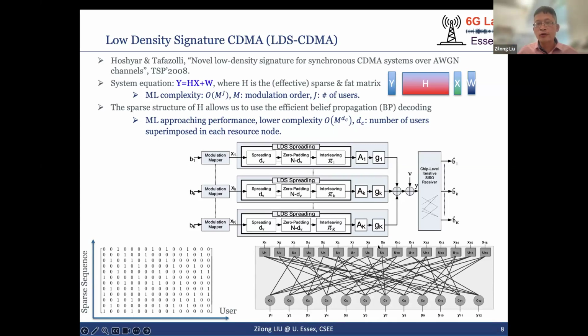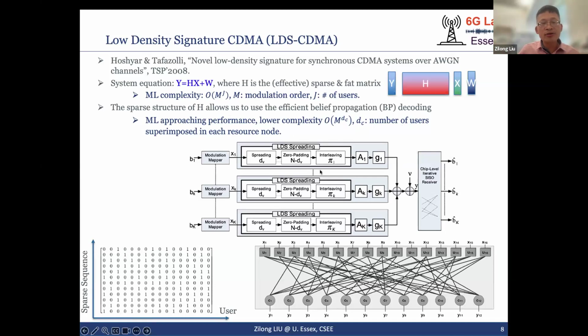If you are familiar with coding theory, particularly the decoding of LDPC codes, we know that we are able to use BP for very efficient decoding. In this case, we reduce the decoding complexity from M to the power J to M to the power of dc, where dc refers to the number of users superimposed in each resource node. Here we have dc equal to 4, meaning that in this resource node, we have 4 users superimposed over one subcarrier, for example.